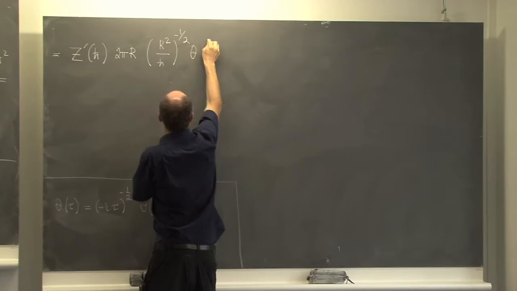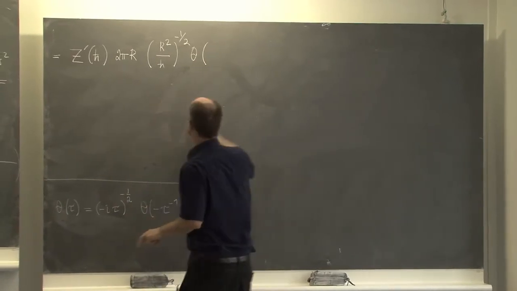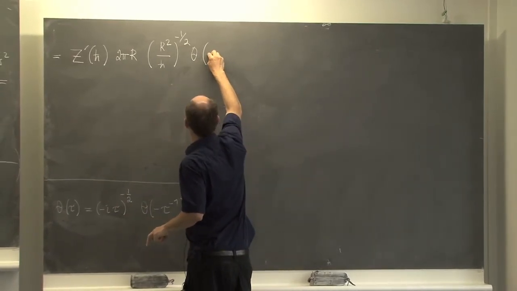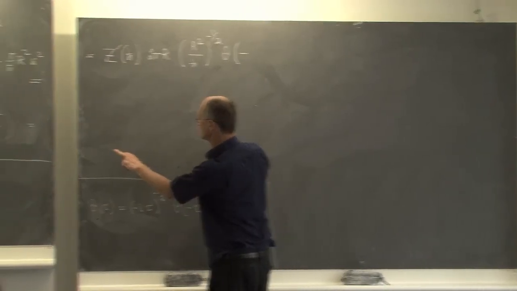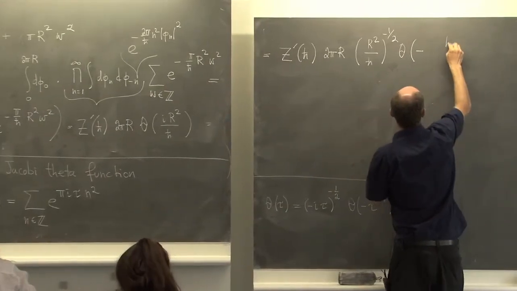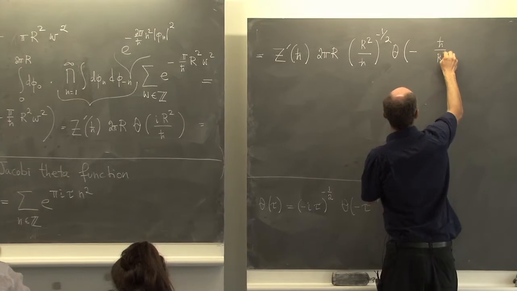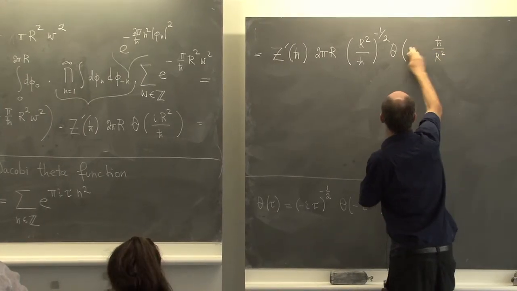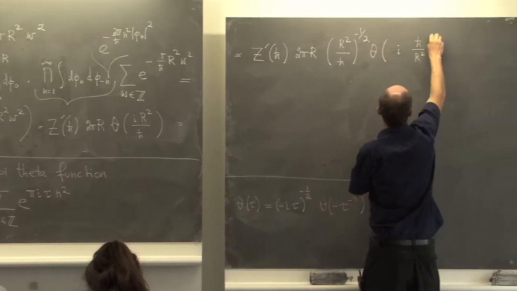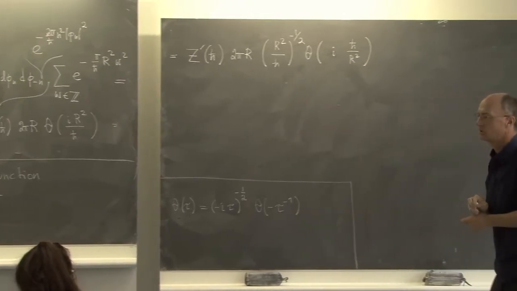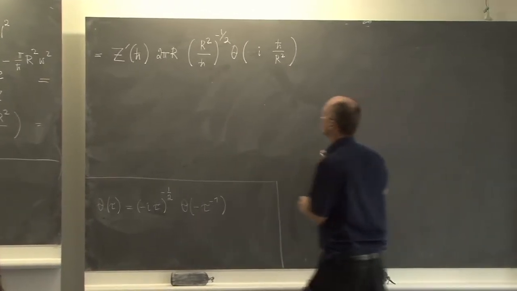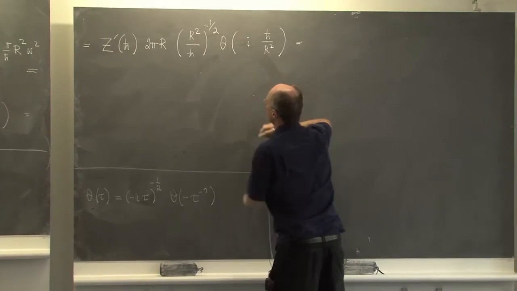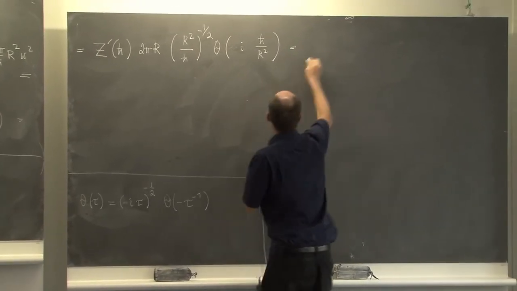And here we should write theta of minus the inverse, so here will be h over r squared, 1 over i. So I think this will give i again. So theta of i h over r squared.